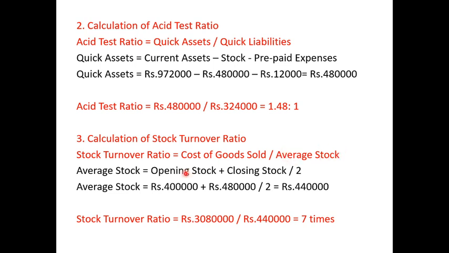In the balance sheet closing stock is given and in the adjustment opening stock is given. It is 4 lakh plus 4 lakh 80,000 divided by 2. The average stock is 4 lakh 40,000. Now the stock turnover ratio is 7 times.